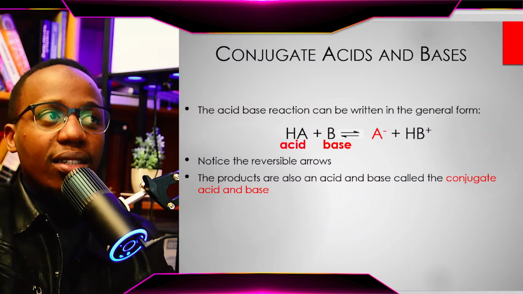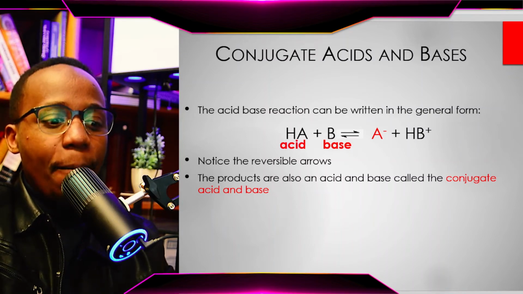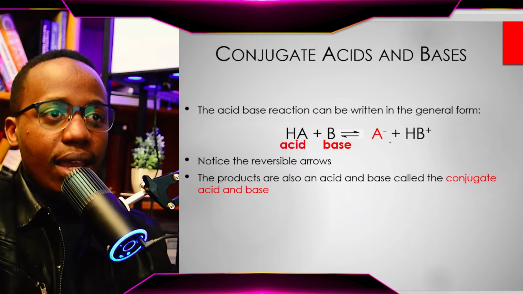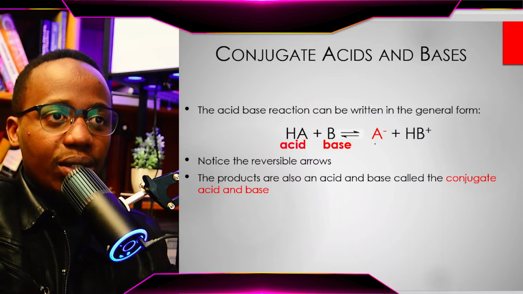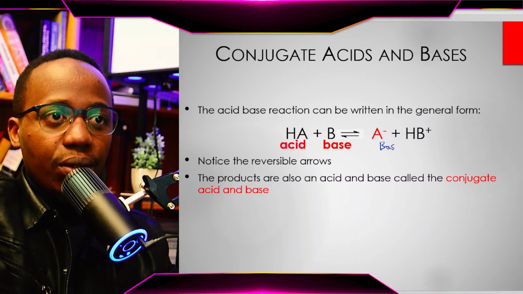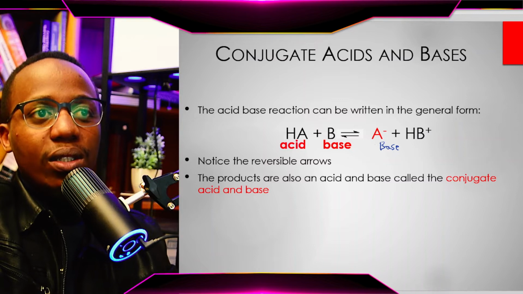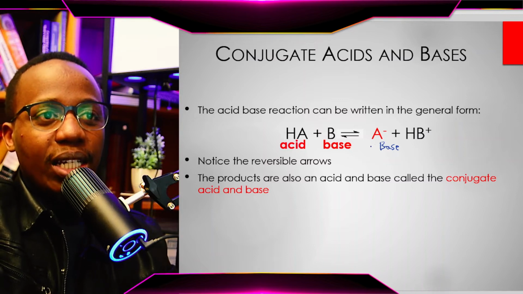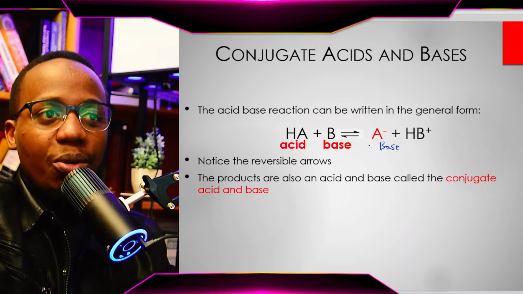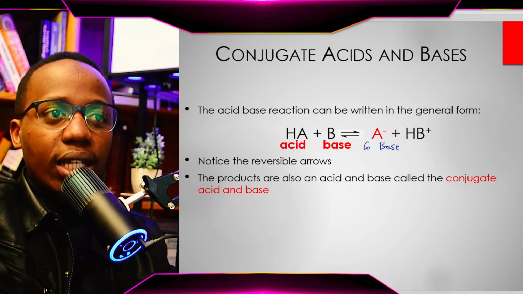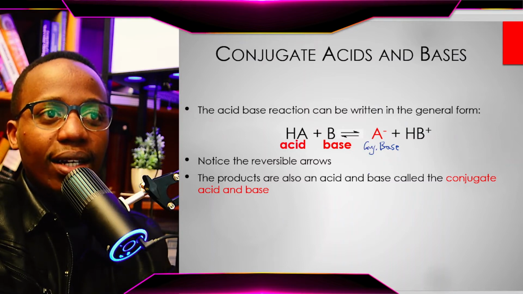It's a base, right? So it's going to become a base. So the acid, when it loses hydrogen, it becomes a base. But it's a special type of base that's called a conjugate base, right?